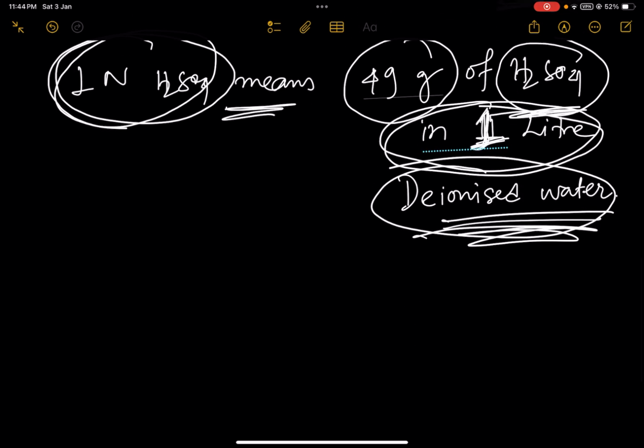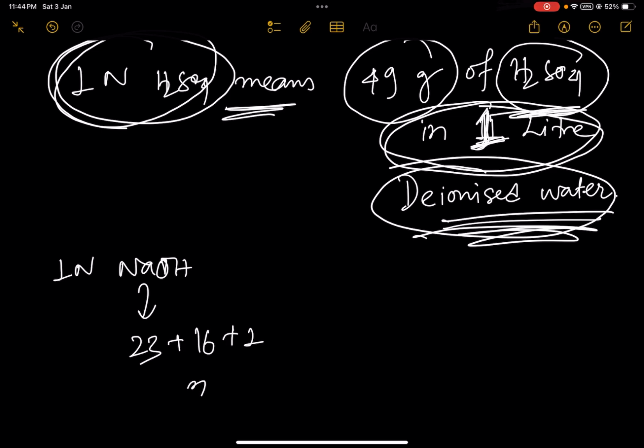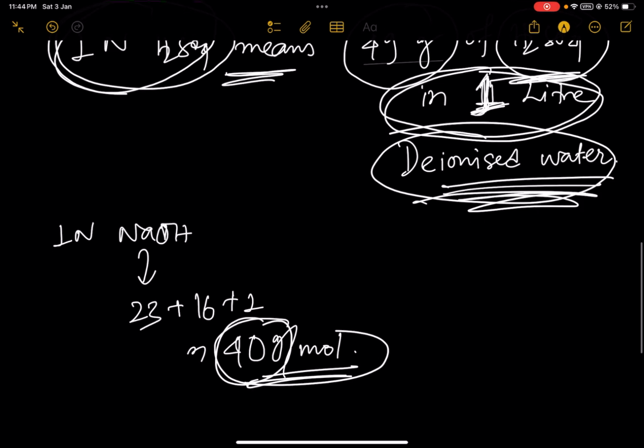Now if we calculate one normal NaOH, Na has 23, I guess, O 16 plus H 1, that comes to 40 grams per mole. So this is the molecular weight actually, and the gram equivalent of NaOH has only one OH minus.